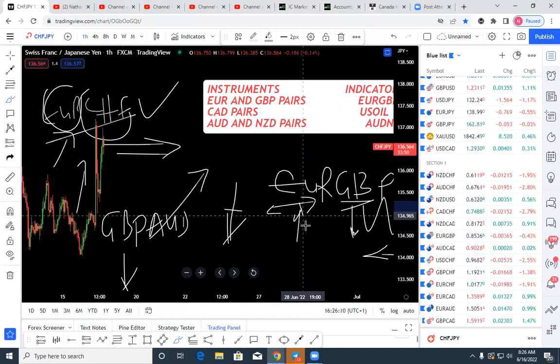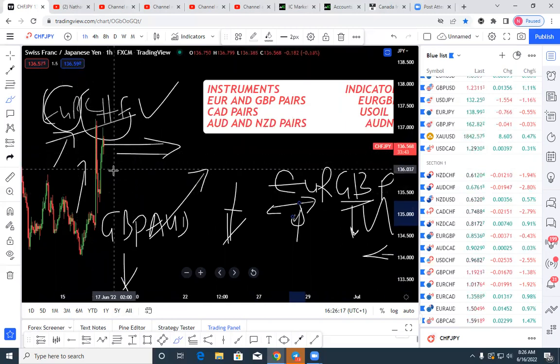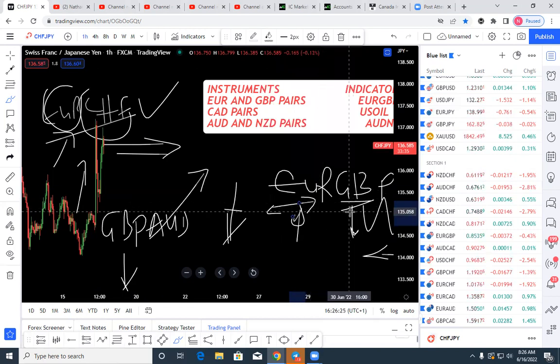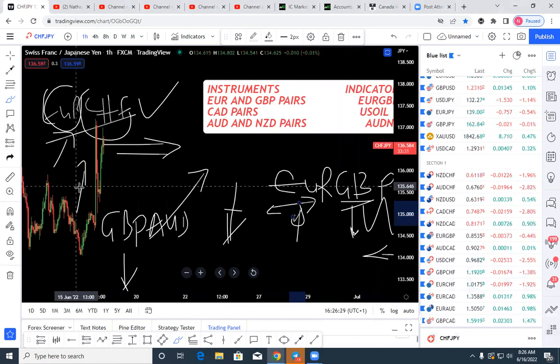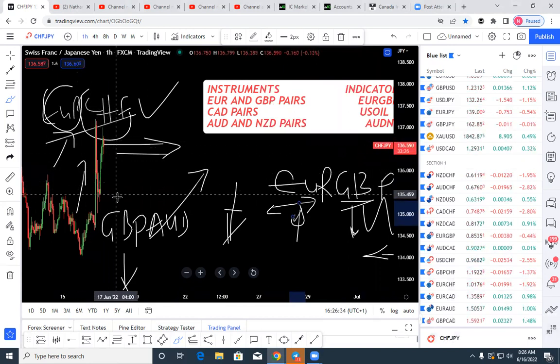As soon as buy setup of Euro GBP starts, guys, my signal for GBP AUD sell will just materialize. Boom. Because that is the right time that Euro GBP starts buying. That is when I have a signal for the weakness of GBP, and that is when my GBP AUD will sell off. Do you understand?